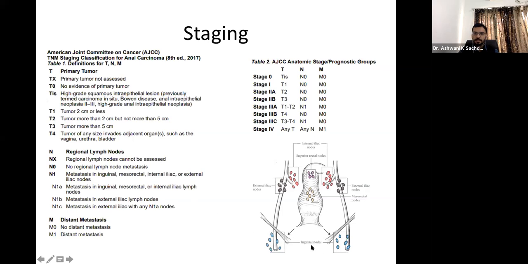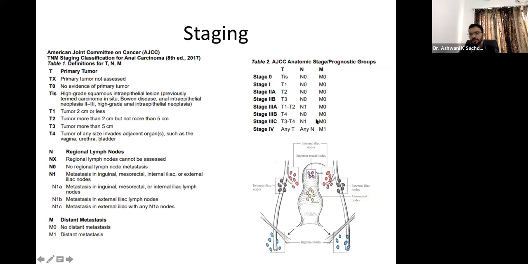Nodal metastasis: N1 is inguinal, mesorectal. N1A is inguinal lymph node, mesorectal lymph node, and internal iliac lymph node. And N1B is external iliac lymph node, and N1C is any involvement of both of these nodes. M1 is distant metastasis. So stage 1 is T1, and stage 2 is T2, T3 without nodal involvement.